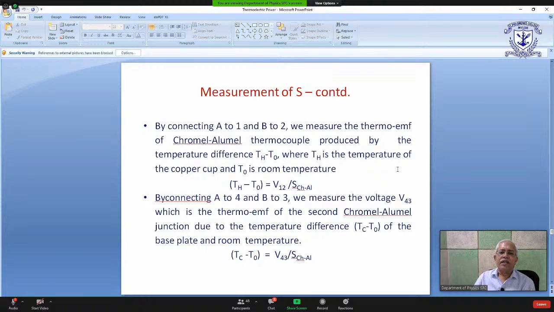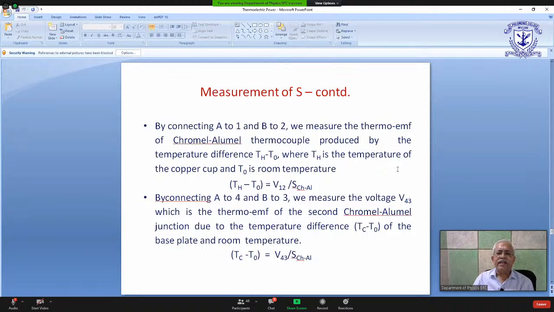Here, the hot end is the hot copper plate, and the cold end, which is the other side of the wire, okay, that is exposed to atmosphere. Therefore, the cold end temperature is atmospheric temperature. So T naught is atmospheric temperature, or room temperature.